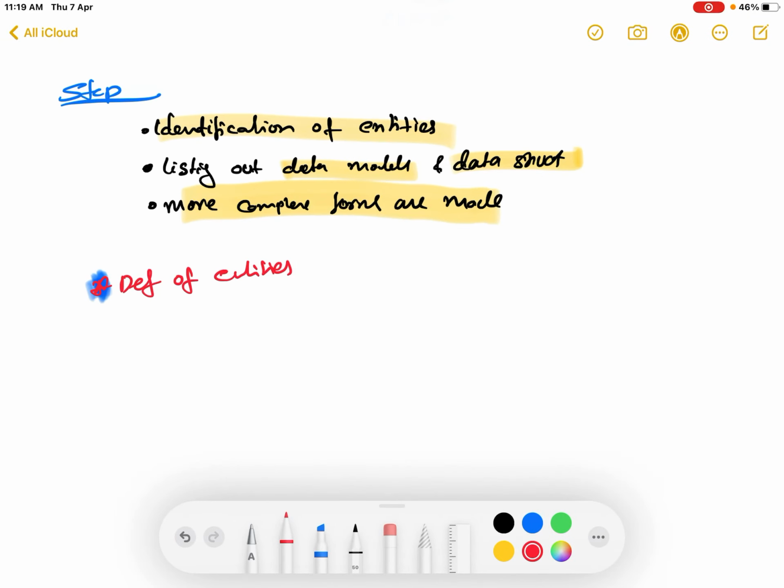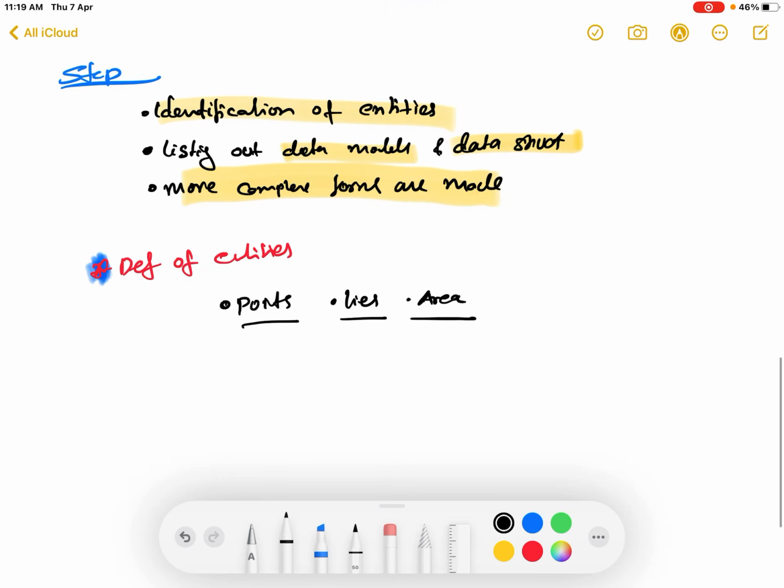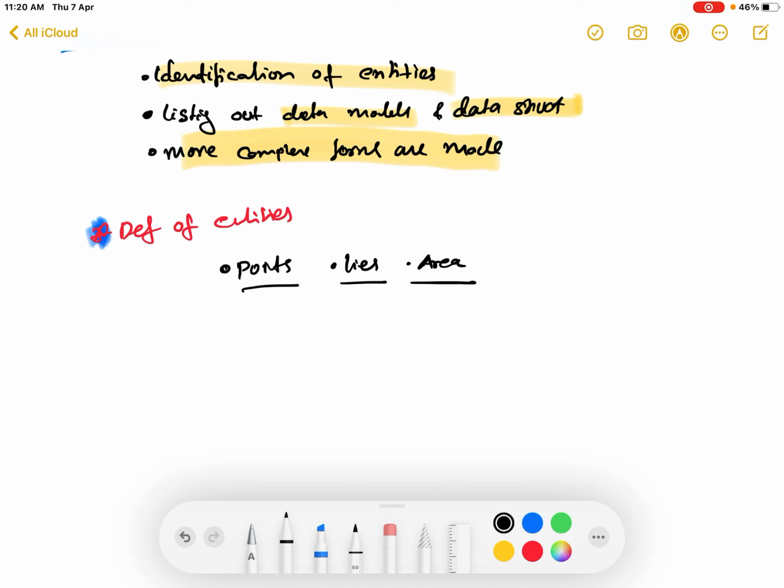These entities are defined using 3 symbols, the symbols we learned in the previous lecture: points, lines, and areas. So you define the entities using points, lines, or areas.